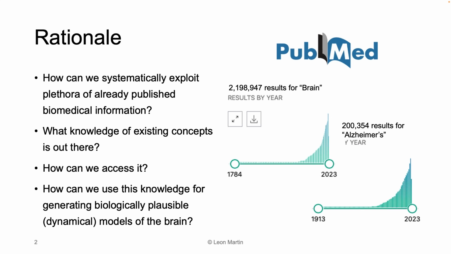What knowledge about existing concepts do we have, and how can we access it? More specifically, how can we aggregate information from millions of articles to inform brain models, to generate biologically plausible dynamical models of the brain? That's the question.